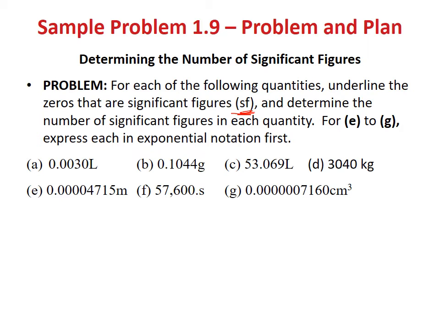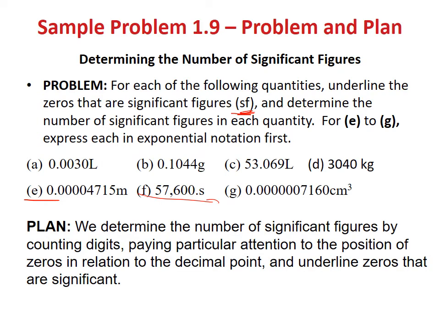For E to G, okay, from E to G, express each in exponential notation first. So our plan is we determine the number of significant figures by counting digits. Pay particular attention to the position of 0 in relation to the decimal point, and underline the zeros that are significant, using the rules we mentioned in the last slide.